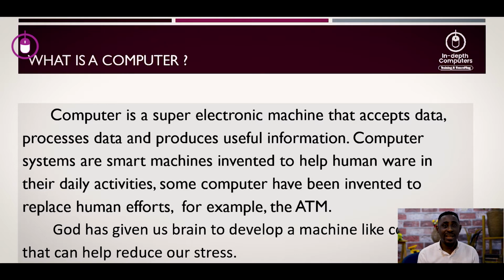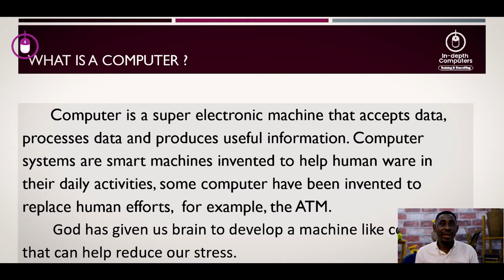Now the computer is an electronic machine. When we say it's an electronic machine, it means the computer system works with electricity. And there are different forms of electricity. It's either our electricity is from a generator, or we are using our electricity from the solar system or from an inverter, or we are using the regular PHCN, which we all know as NEPA. There are some other sources of electricity just like battery.